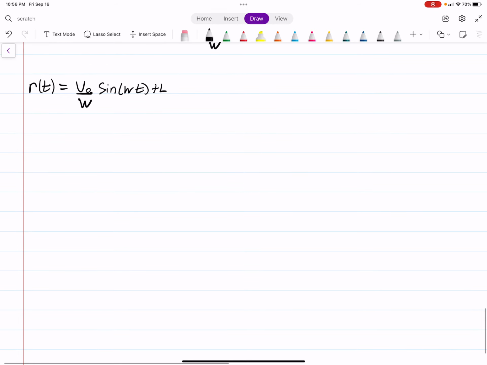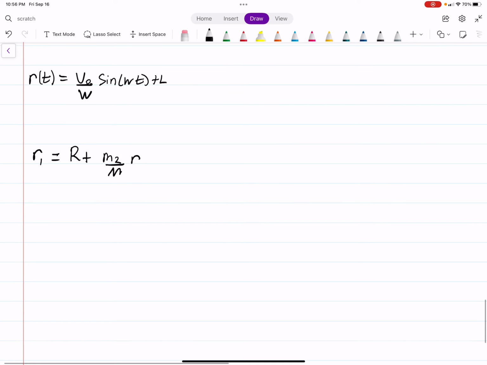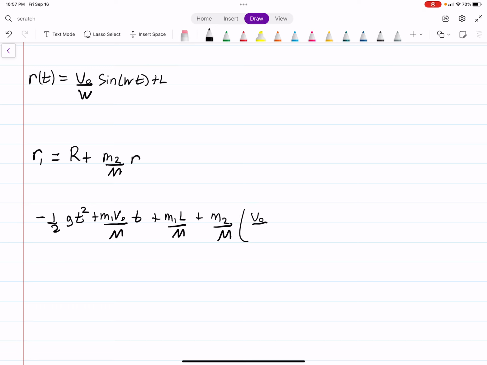And now, with all this, we can find R1, which is the position. That's just R plus M2 over big M r, right? And we solve for all this, so we have big R minus 1/2 g t squared plus M1 v naught over big M times t plus M1 L over big M. So that's big R. And we have this factor M2 over big M r. It's just plugging in what we just found.